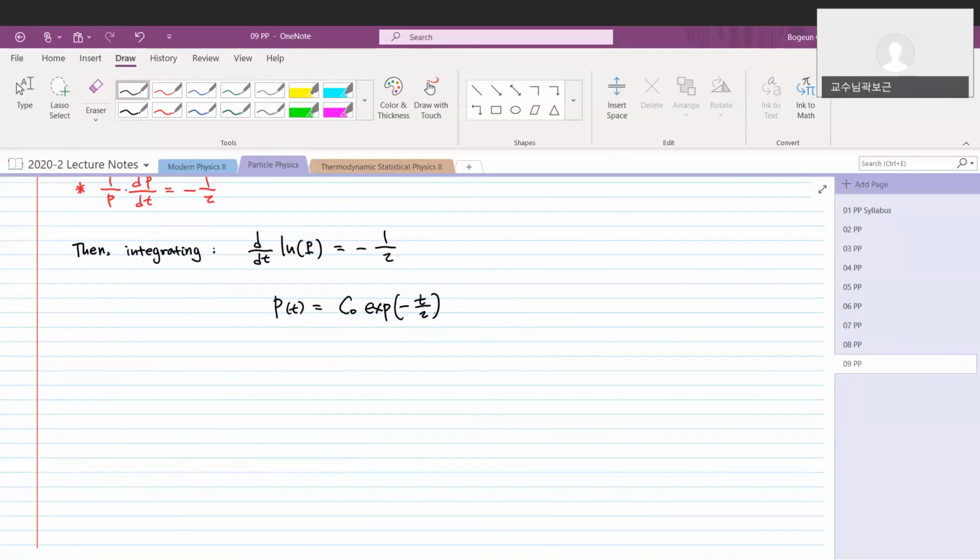Insert t equals 0, and P(0) equals C0. So C0 means the probability of a particle living at time equal to 0. It is the initial condition for particle existence. Normally we think that at the starting time the particle should be alive, so it can be just 1.